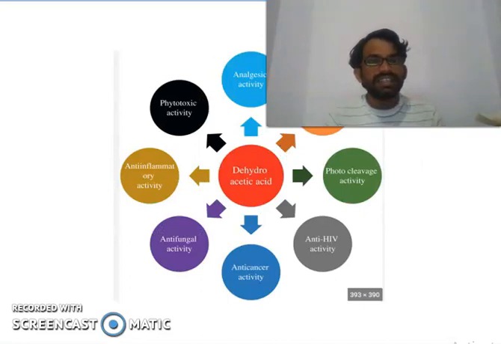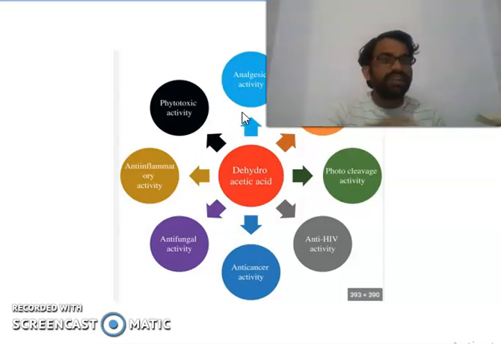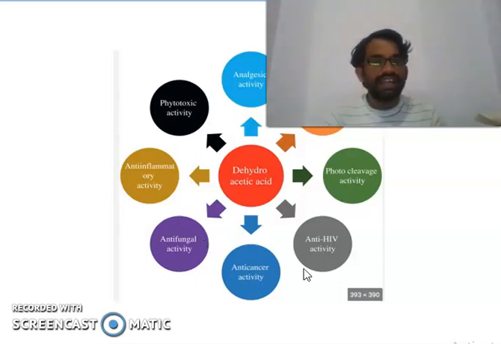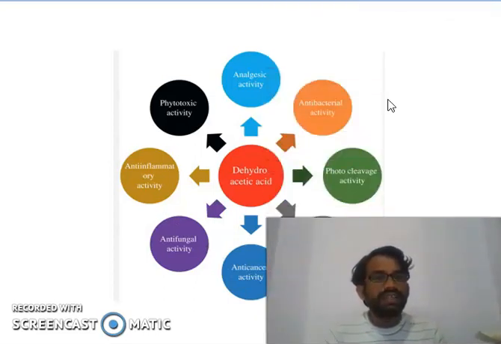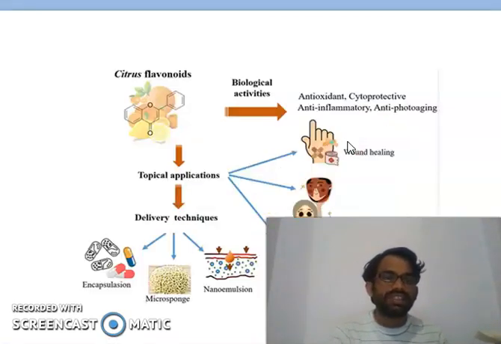And there are a few other biological activities, like phytotoxicity, if you isolated or extracted one of the phytochemicals from a plant, it may show biological activity. And the anti-inflammatory, antifungal, anti-cancer, anti-HIV, photocleavage, antibacterial and allergic activities. You can see some others, such as sea cucumber saponins and the activities you can study.